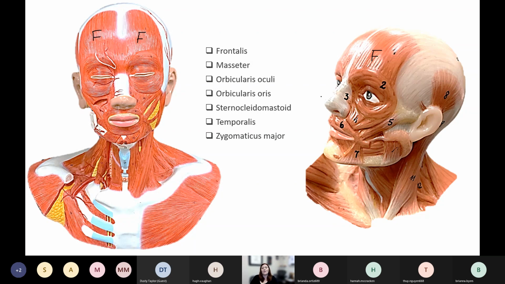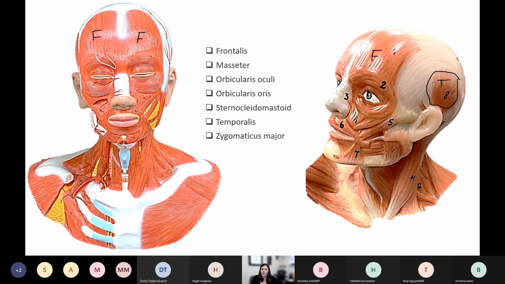Frontalis is one of those muscles that we can paralyze with Botox. We were talking about Botox in class today, right? Over on the side of frontalis, number 8 over here, that's my temporalis muscle because it's on top of the temporal bone, temporalis muscle.